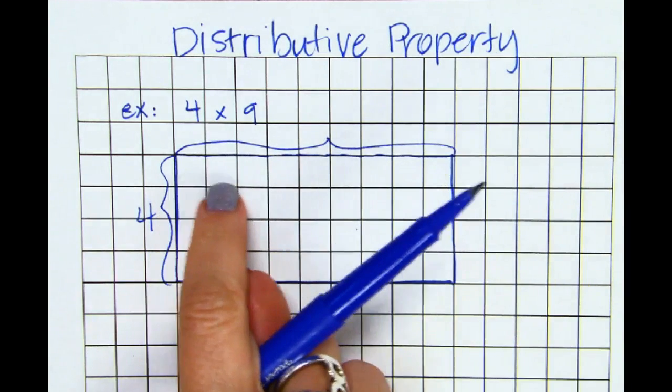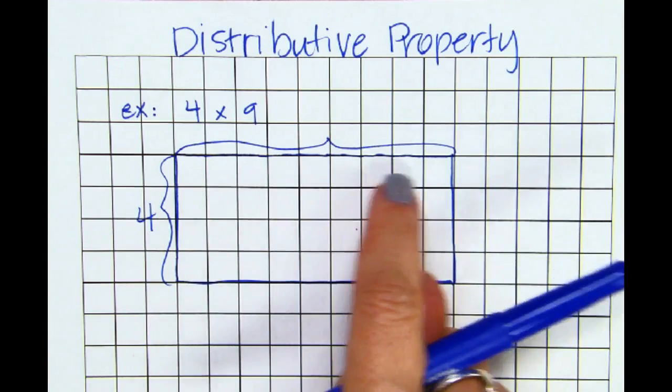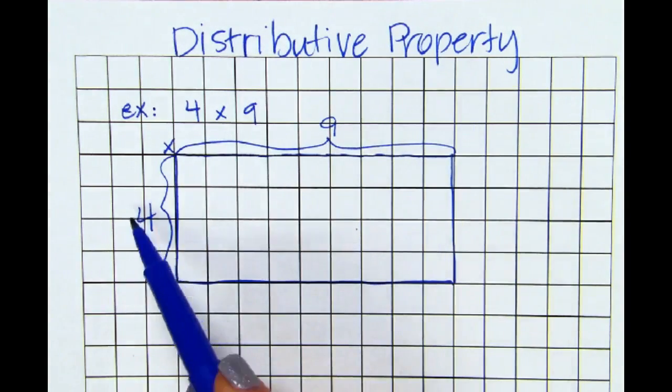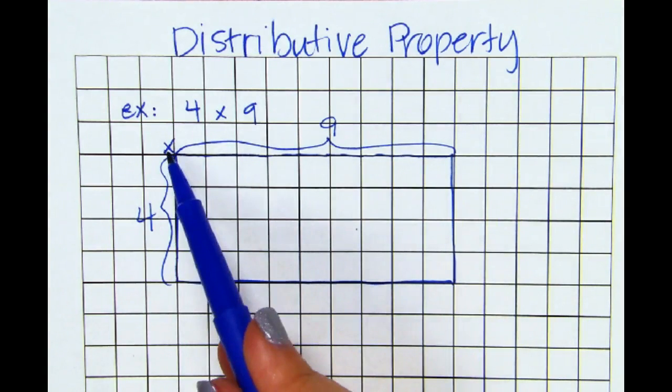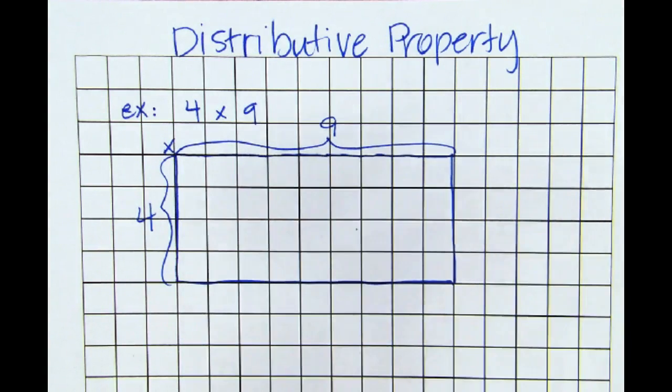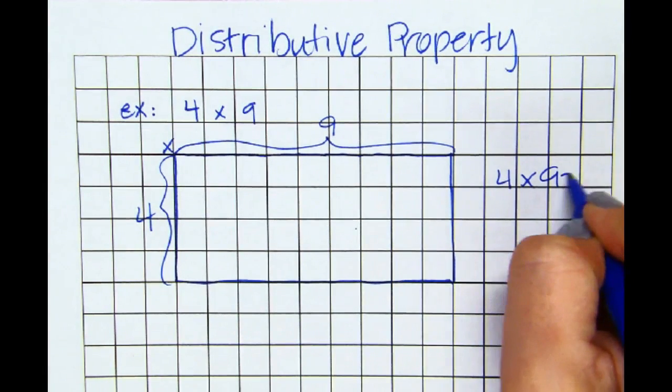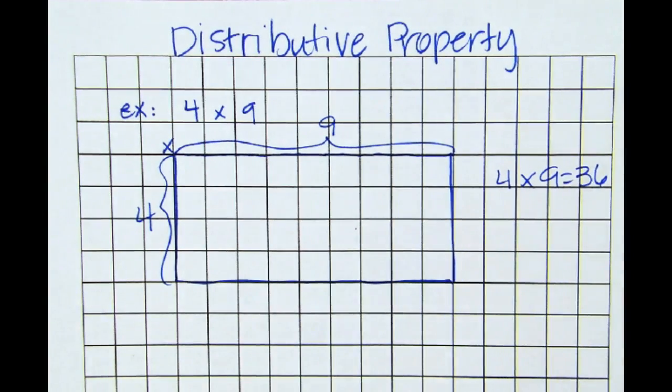Let's recount: 1, 2, 3, 4, 5, 6, 7, 8, 9. So this is 4 times 9, or 4 groups of 9. We all know that 4 times 9 equals 36.